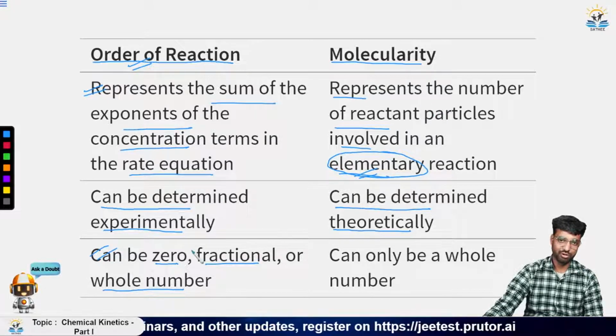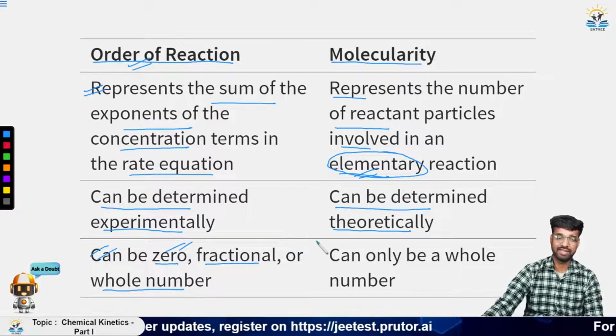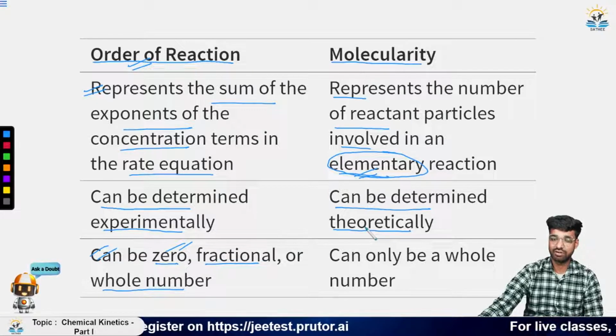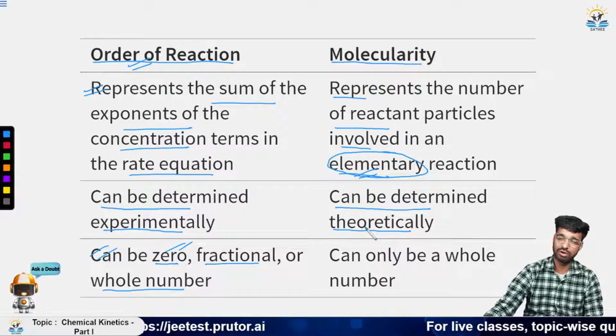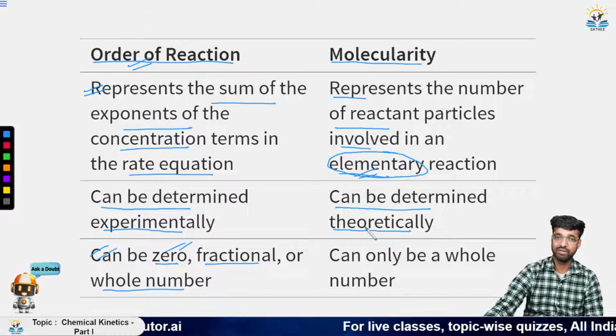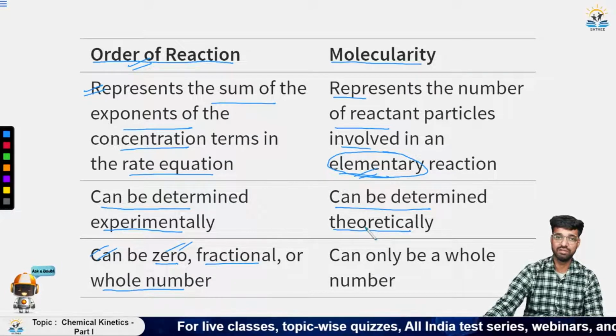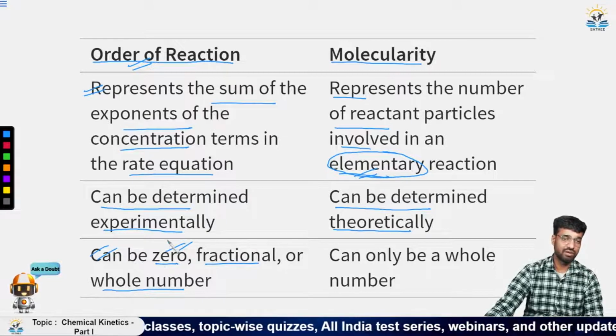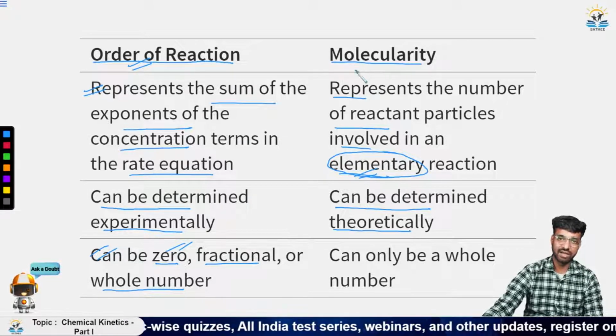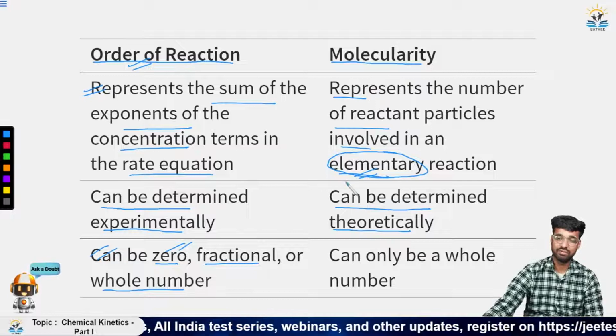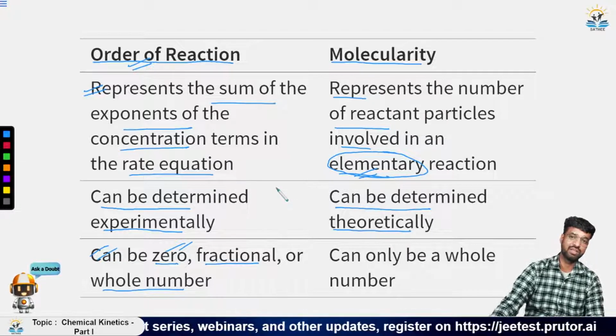So zero molecules cannot collide to give a reaction. Either half a molecule cannot collide. It has to be one molecule or two molecules colliding to give the reaction, or at least one molecule transforming to another. So that is the reason we cannot take the molecularity of a reaction as half or 0. It should always be 1, 2, 3 or something like that.